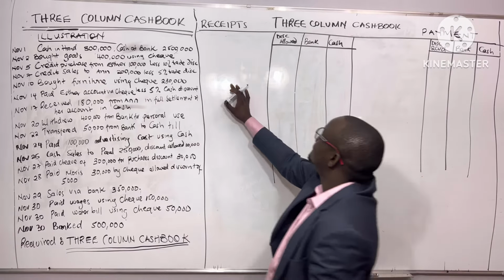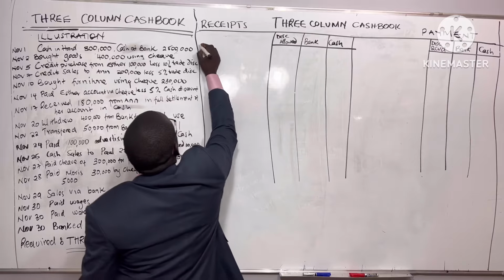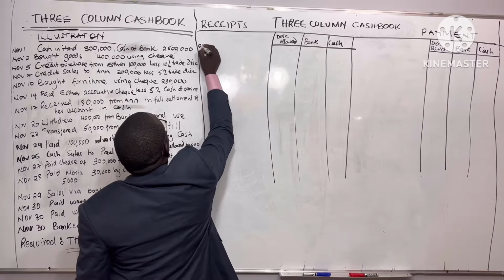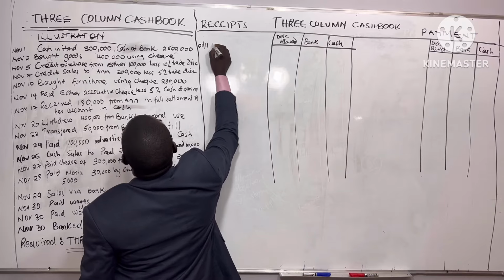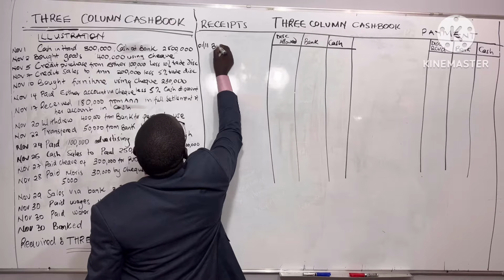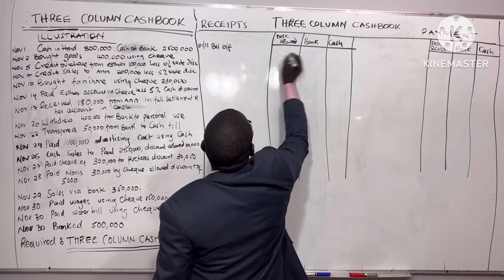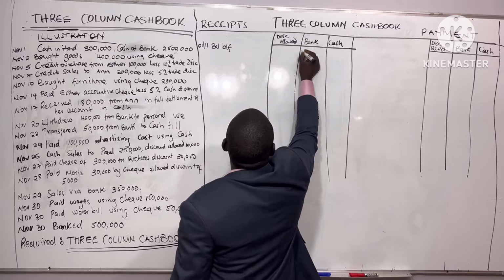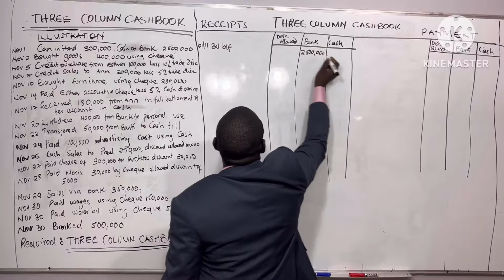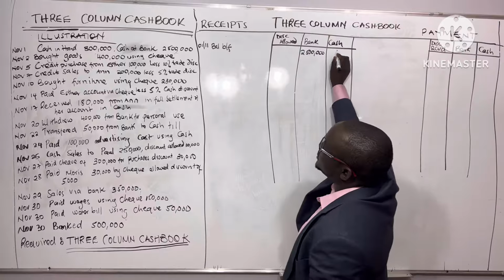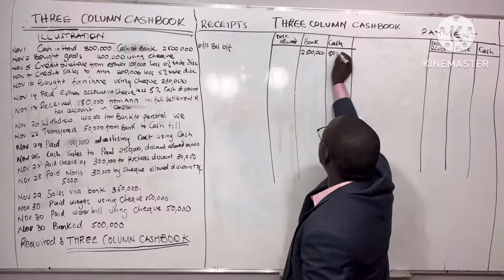We record them here as balances brought forward on 1st November. Here we have bank 2.5 million, and we have cash 800,000.